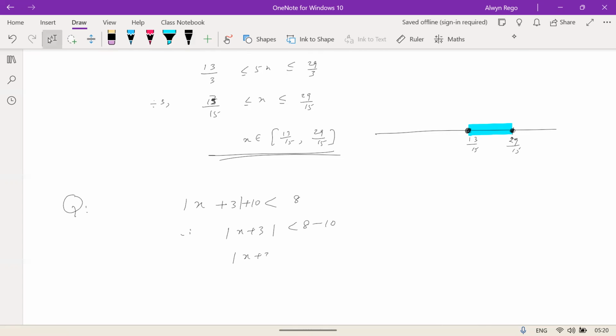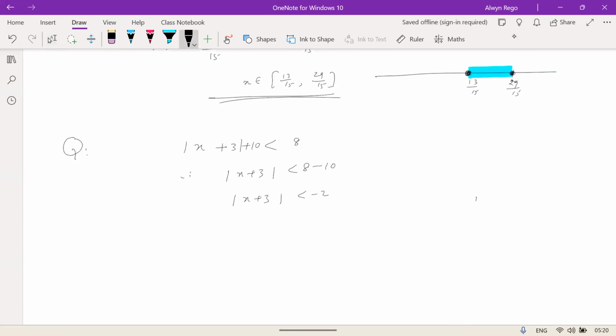Therefore, absolute value of x plus 3 is less than negative 2. And you know that absolute value of any number is always more than or equal to 0. Therefore, if you are asking for absolute value of something is less than negative 2, what would that something be? There would be nothing of that kind.